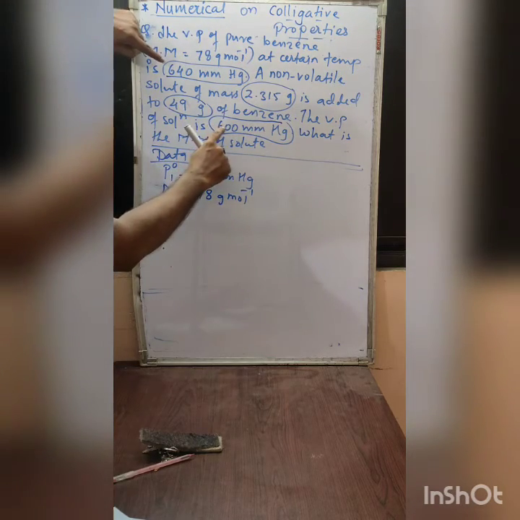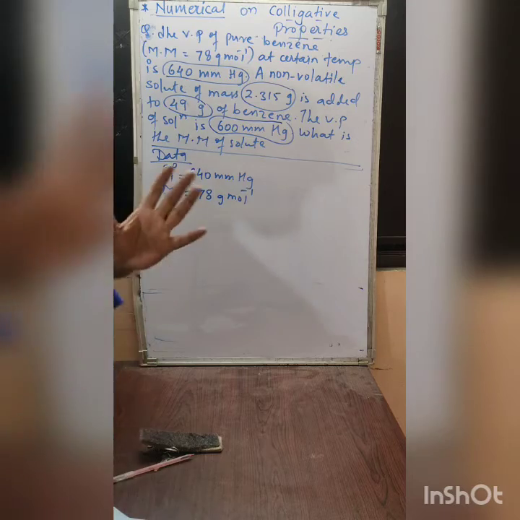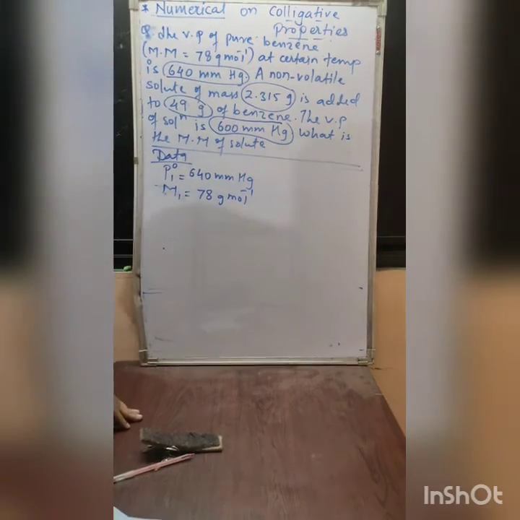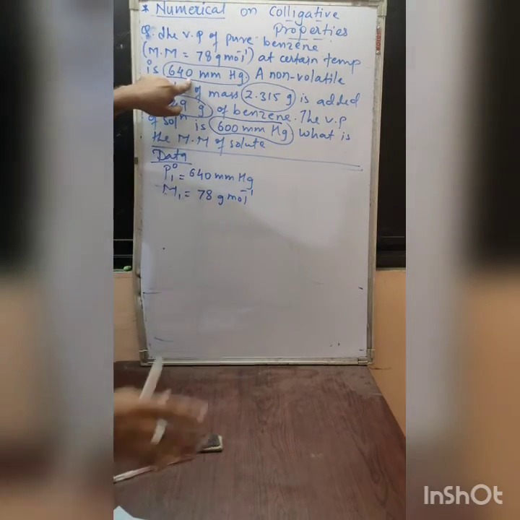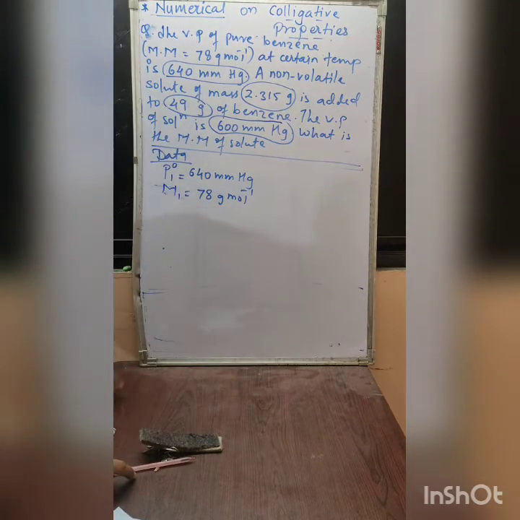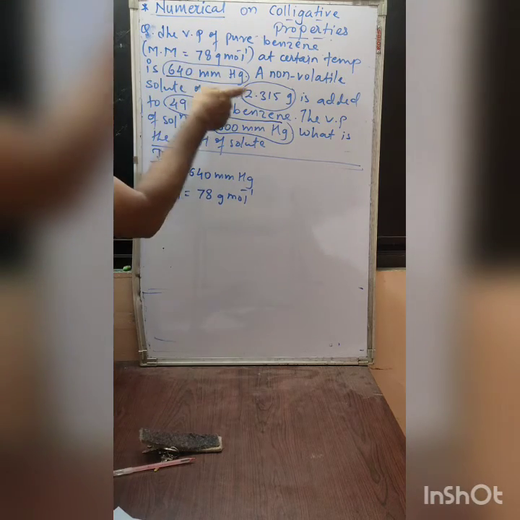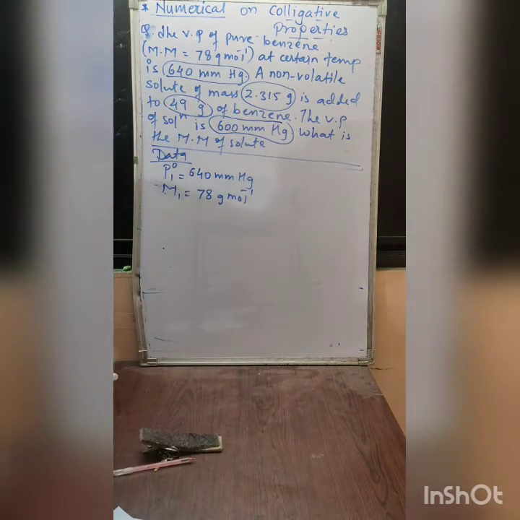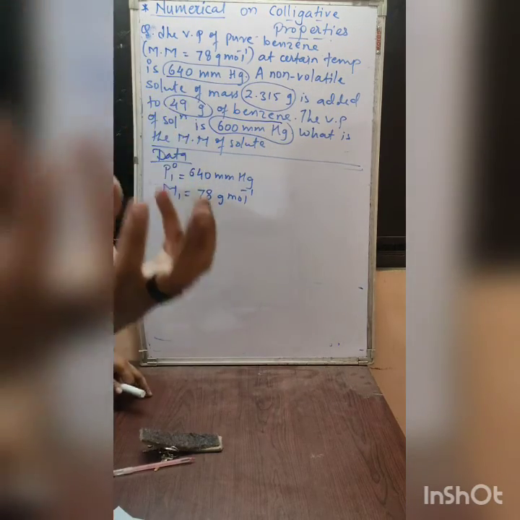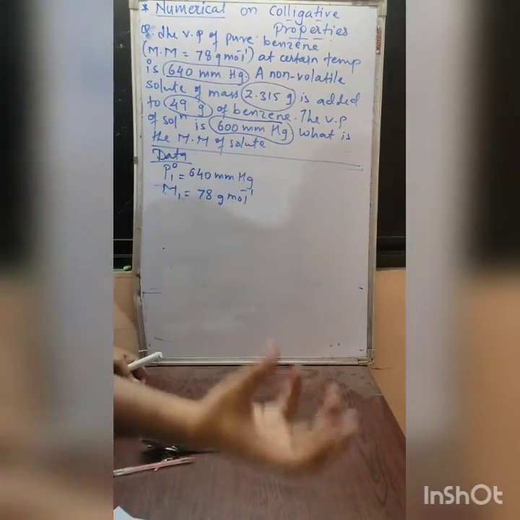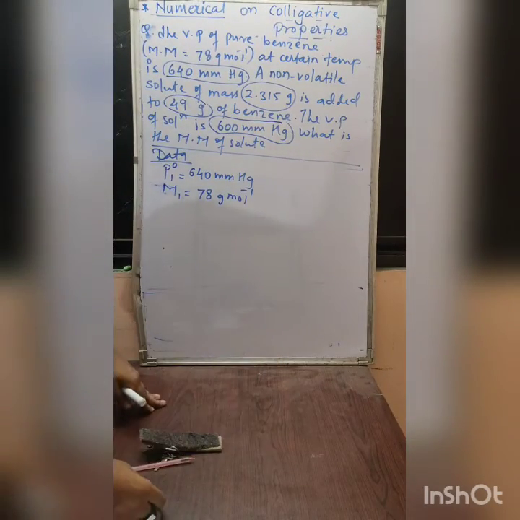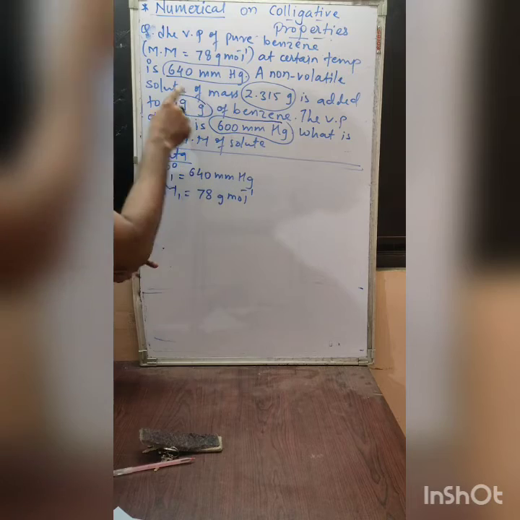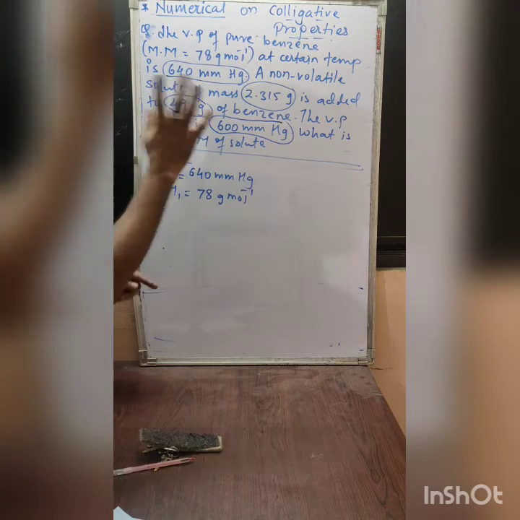So here two pressures are given. We apply the concept of lowering of vapor pressure. When it was the solvent, its vapor pressure was 640 mmHg. When we add a solute, whenever we add a non-volatile solid in a volatile solvent, vapor pressure decreases, and that is called lowering of vapor pressure. So vapor pressure decreases from 640 to 600.